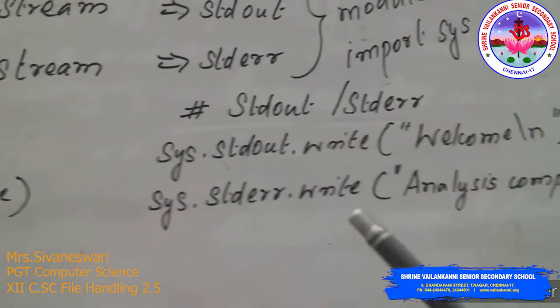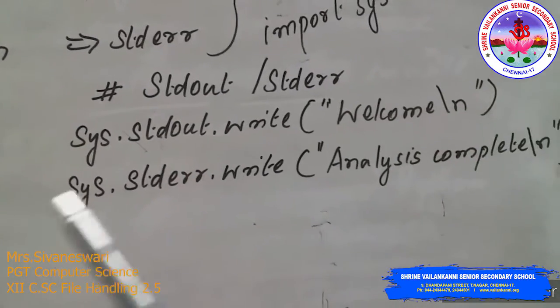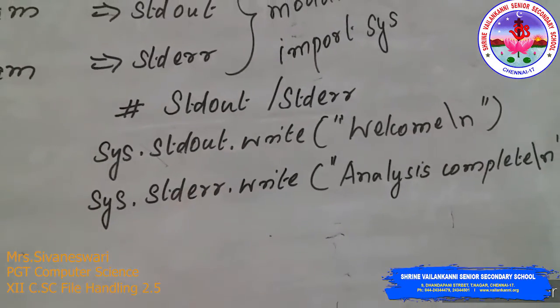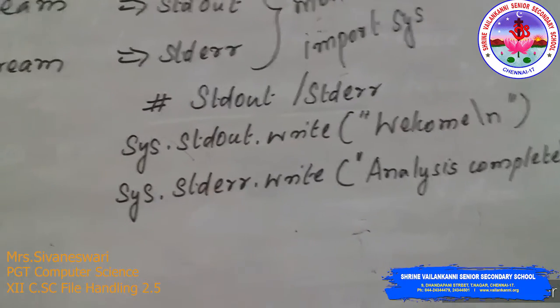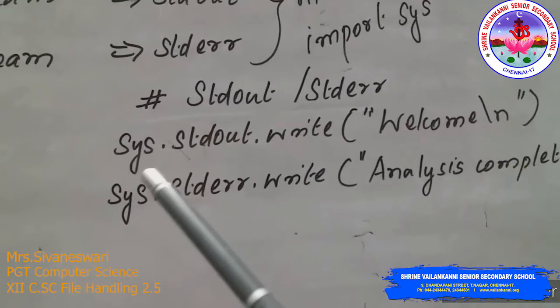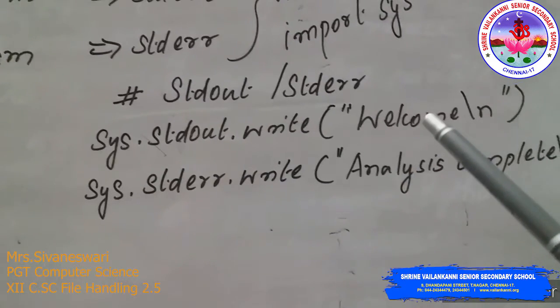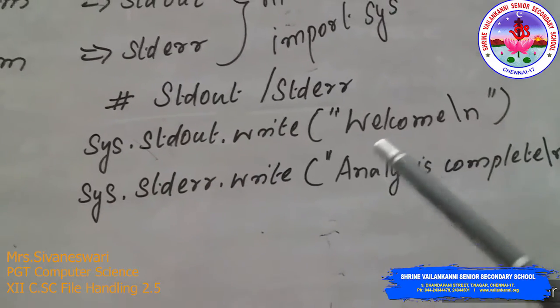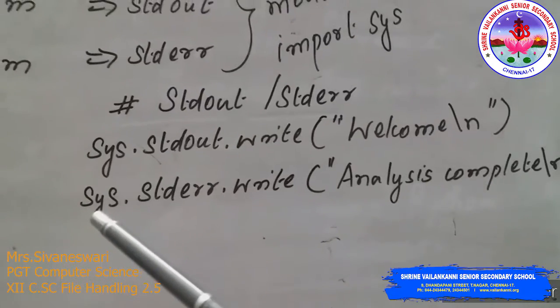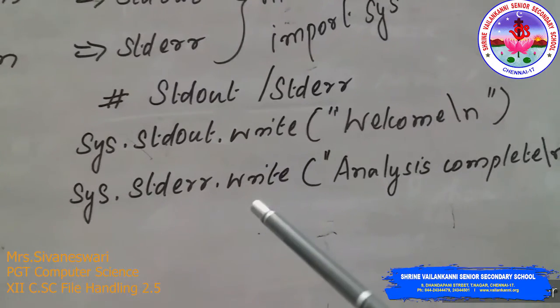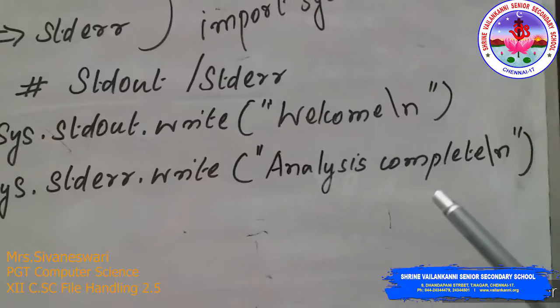And if it is stdout or stderr, we give it like this. The first statement will be import sys, and afterwards we use all these operations. sys.stdout.write of welcome. So this welcome will be written inside the first file which we open. sys.stderr.write of analysis complete.